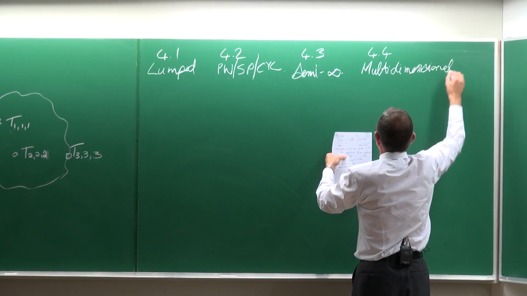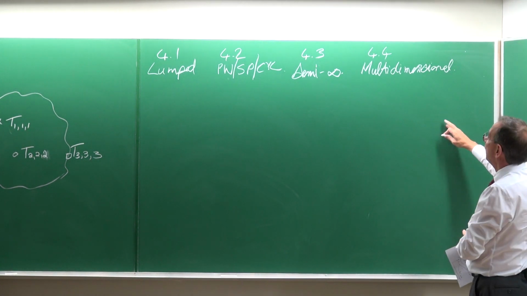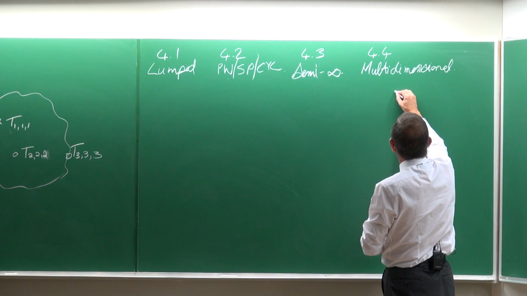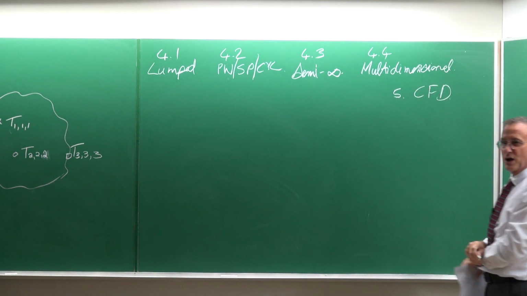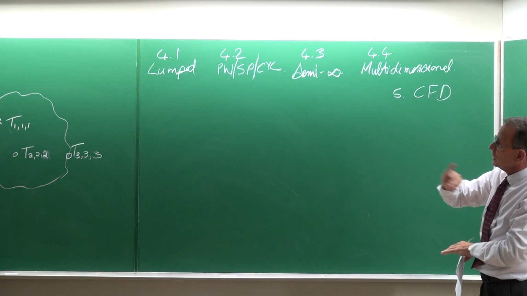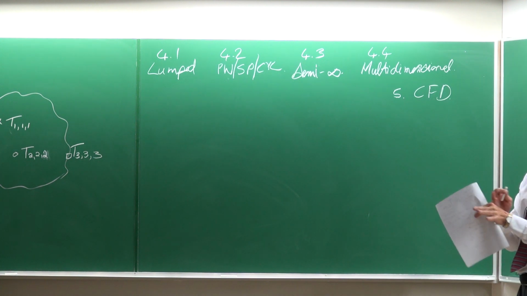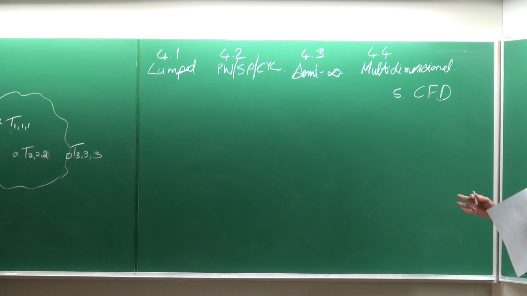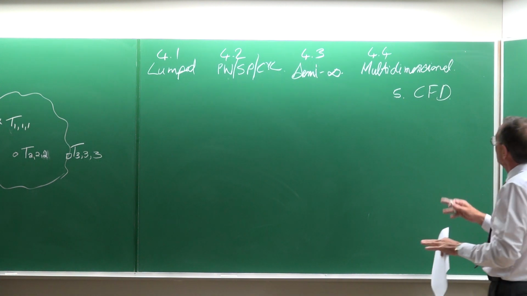bodies, and then not in this chapter 4 but actually in chapter 5 there's going to be a CFD approach, where we solve the heat conduction problems and unsteady problems making use of a discretization method, and one or other solution to solve it with.